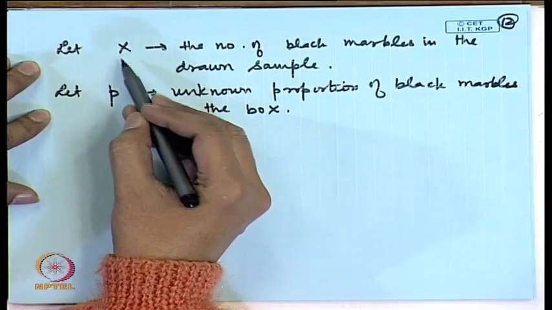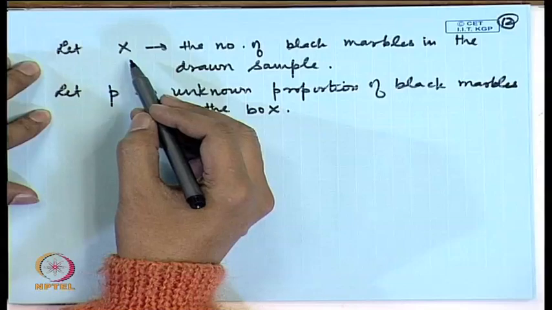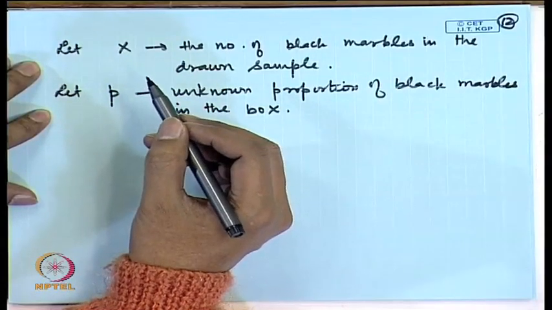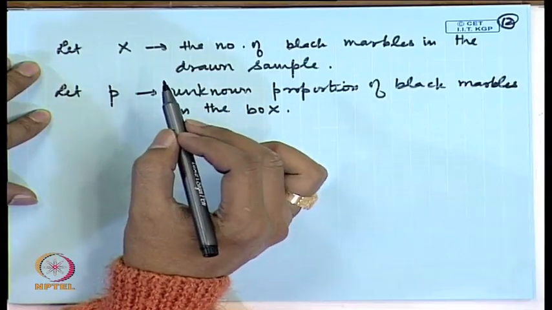Then we can easily describe it by a probability model here. For example, at each draw you will have a black marble or a white marble. So, you can consider it as a Bernoullian trial, where if you draw a black marble you will consider it as a success, and if you draw a white marble you will consider it as a failure.